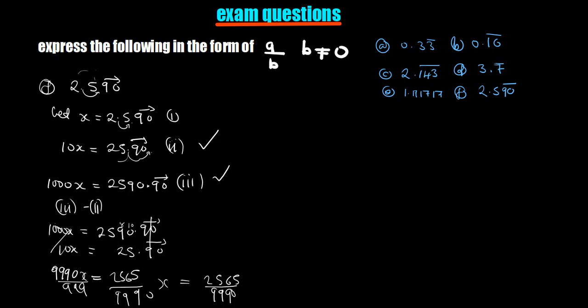I'm sorry, this should be 990. Otherwise, this is the value of x in the form of a over b, unless you can simplify further. For me, I end there.